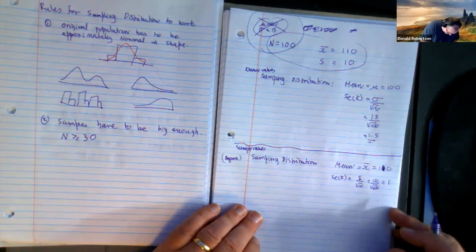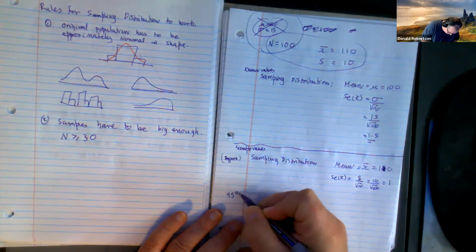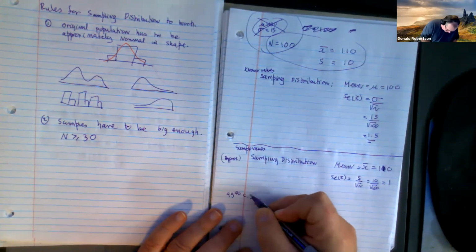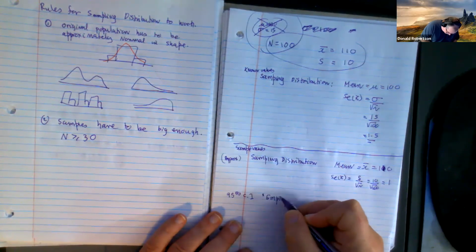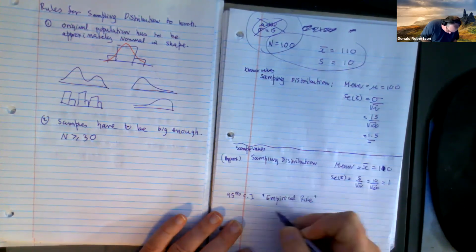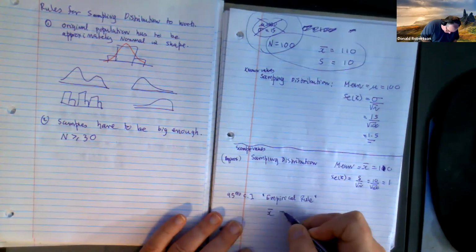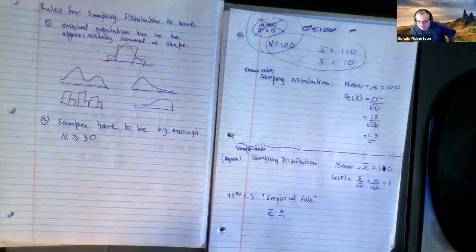Right. Now, if I went and asked you to find a 95% interval, I'd call it a confidence interval. But I asked you to use a thing called the empirical rule. We would use it as X bar plus or minus. How many standard deviations do you use when you're using what's called the empirical rule?